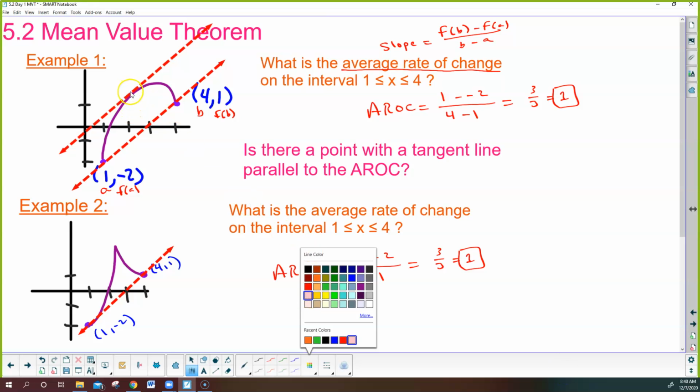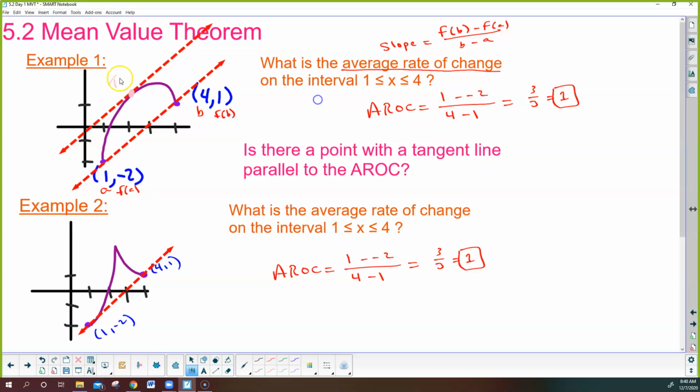This is an estimate, but this is the tangent line. And if I estimate this, there's a point roughly at x equals 2.1 maybe. We don't know. We're going to be able to find out exactly why that is, what it is.